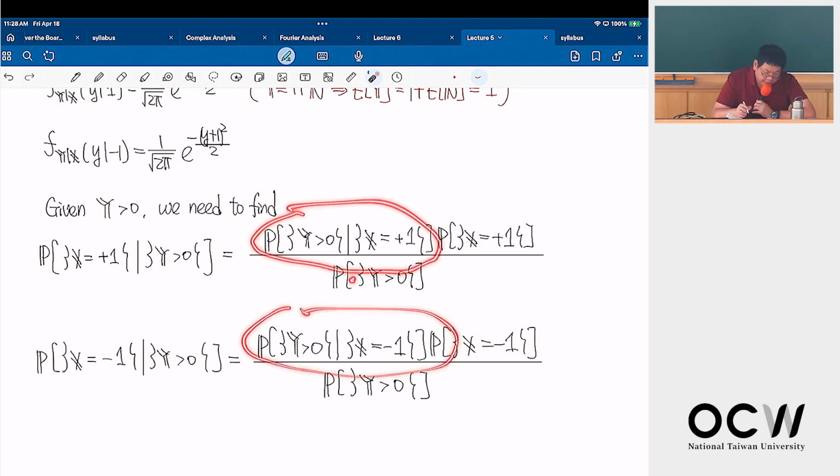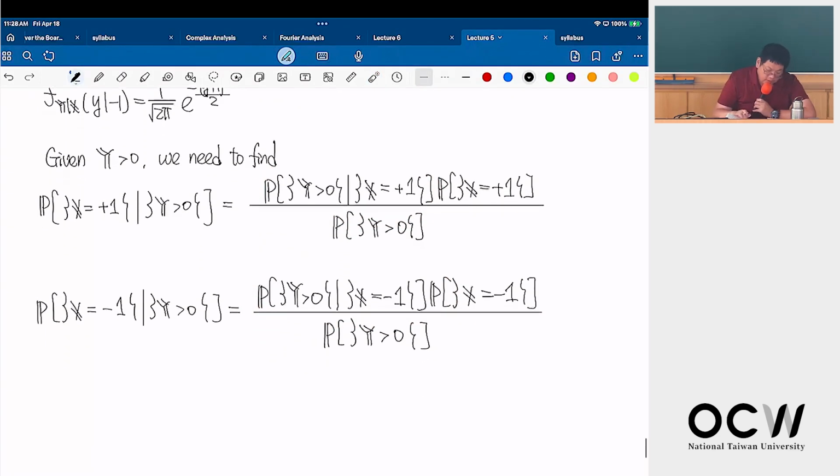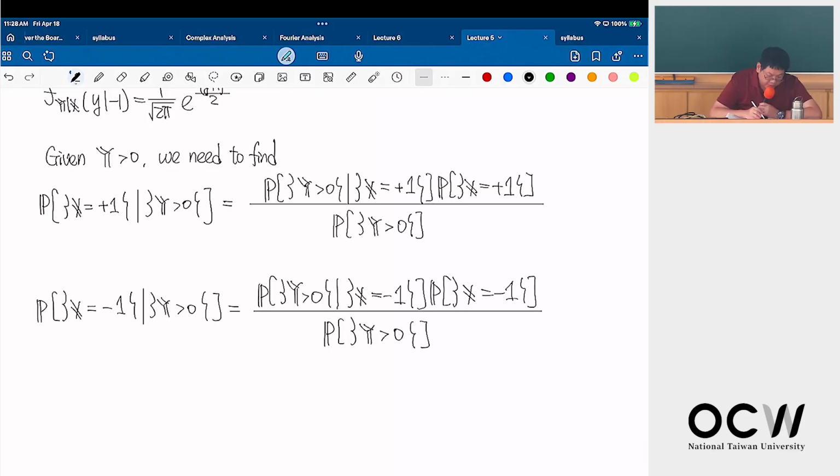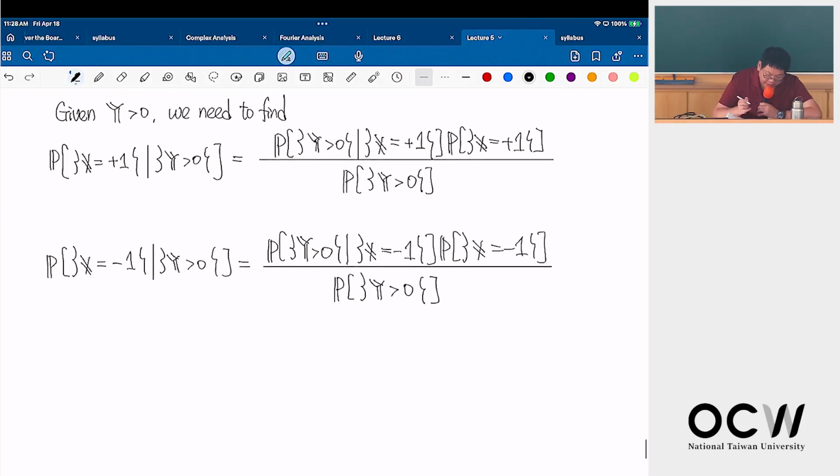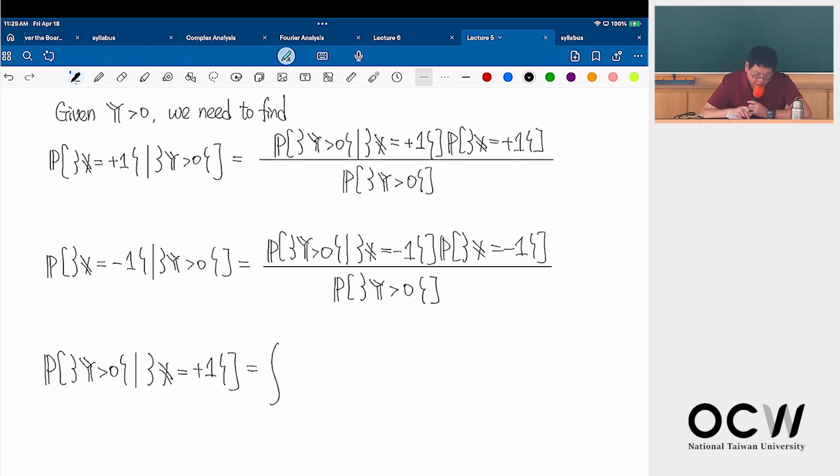So find that first: the probability y greater than 0, given x is 1. Because we know that this probability is Gaussian, and we have our conditional PDF.